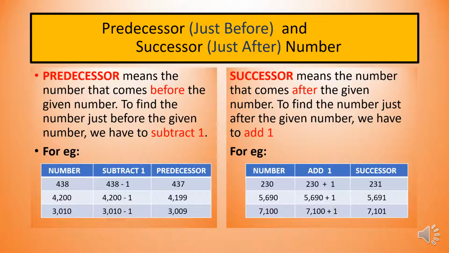That is, the number 230 becomes 231. For 5690, the successor is 5691. And for 7100, the successor is 7101.